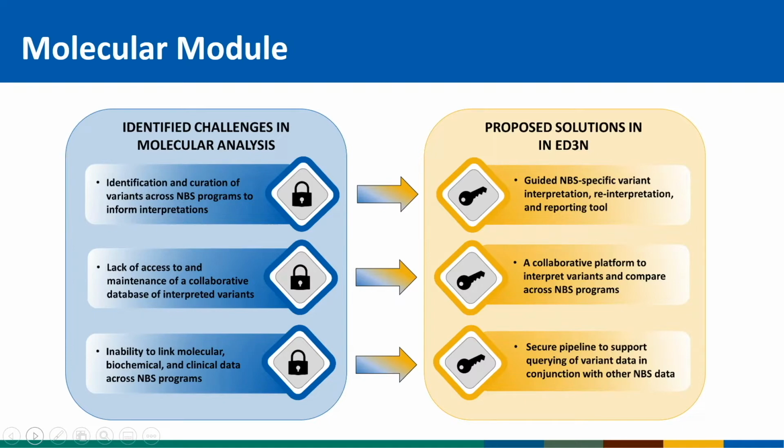We've also talked a lot in the community about the need for a more collaborative environment for programs to examine these variants, while also being able to link this information back to the biochemical laboratory data as well as any subsequent clinical data sets obtained through the newborn screening process.